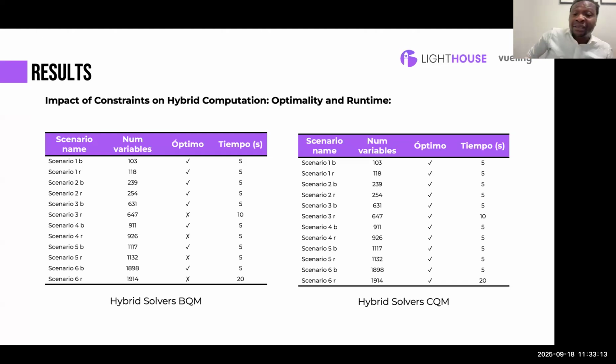One thing that we have to add, Vueling doesn't need to achieve the most optimal solution. All the candidate solutions are very interesting for them.